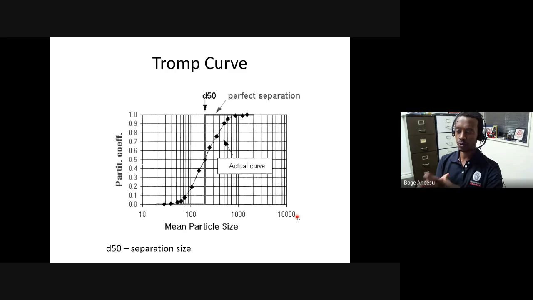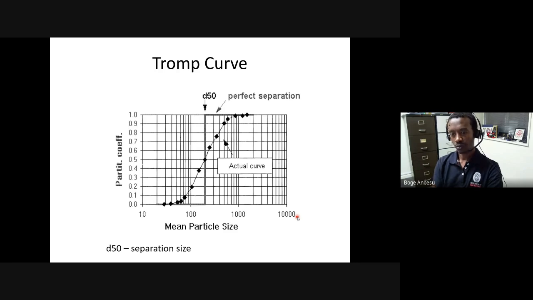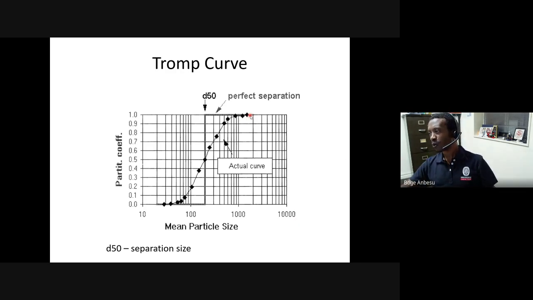Usually the fines are the ones which determine efficiency, because we expect all the fines to go to the fine portion and all the coarse to go to the coarse portion. But in reality some of the fines will report to the coarse fraction. If too many of the fines report to the coarse fraction, then your screening is very poor. That's why we can use this curve. Again, the closer this curve is to the perfect separation, the more efficient your screening performance is.